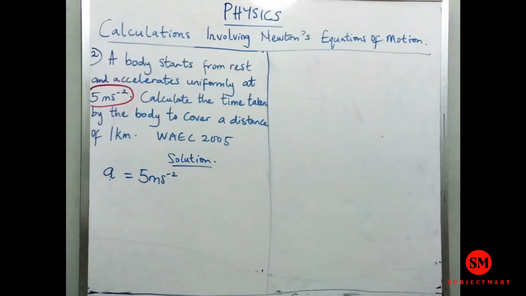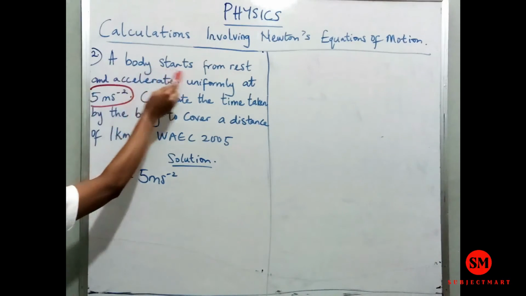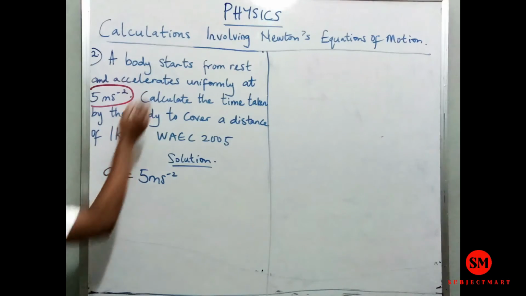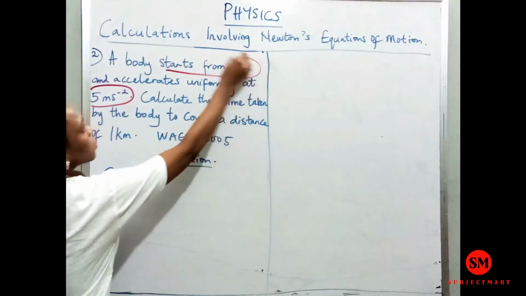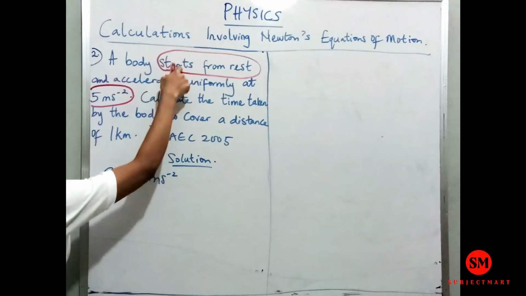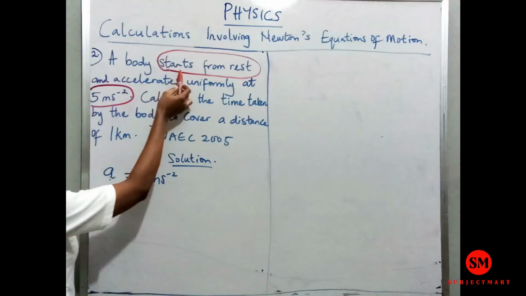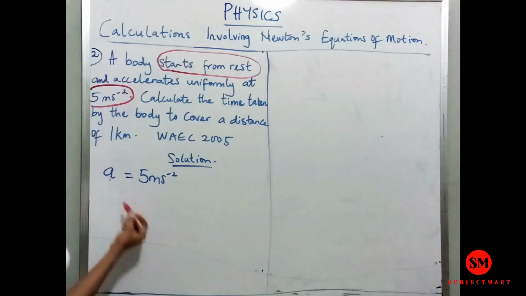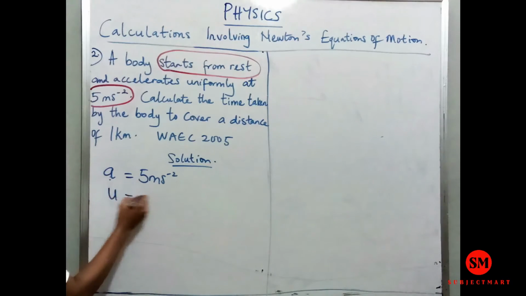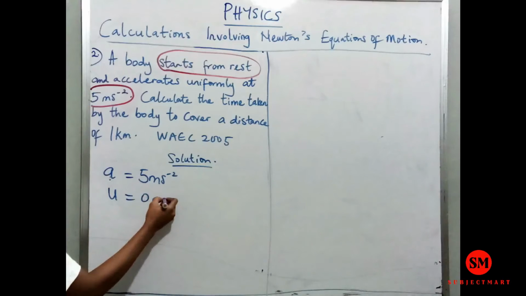But before then, we were made to understand that a body starts from rest. The word start tells us that this is the initial velocity from rest. Implies initial velocity is equal to 0.